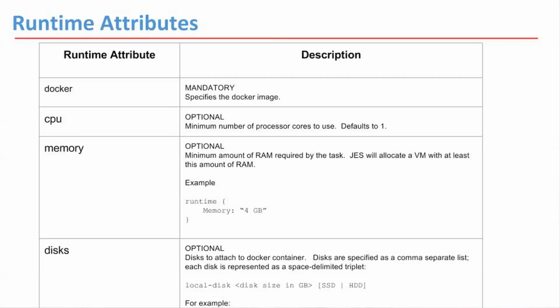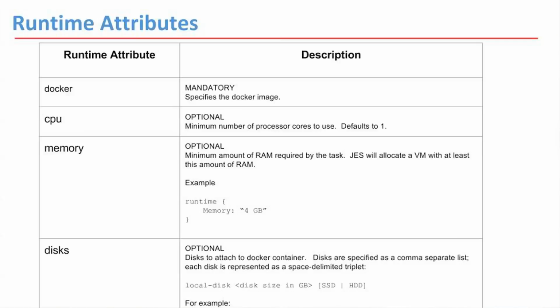So what I want to do is just run through some of these runtime attributes. One is mandatory for running within FireCloud: you have to specify the reference to the Docker image. The next thing is CPU. You can specify the minimum number of processor cores to use, and it defaults to 1.